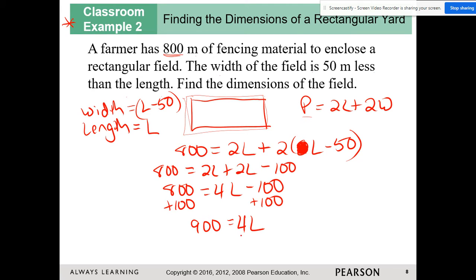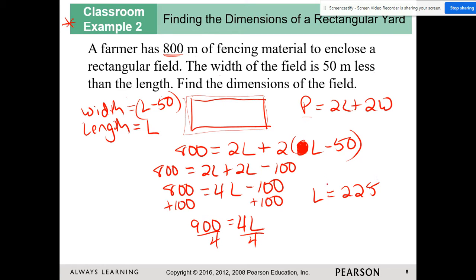All right, 4 times L, opposite of multiply is divide. And how many times did 4 go in? 2, 2, 5, I believe. Let me double check. My brain isn't working this morning. So 900 divided by 4, yeah, 225.